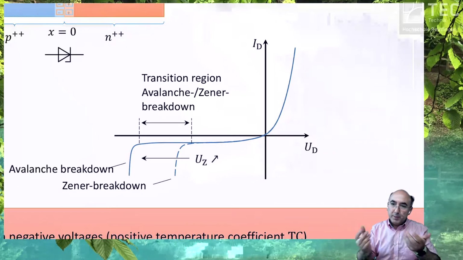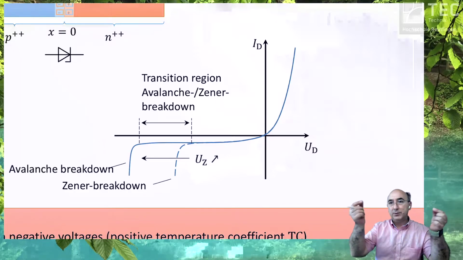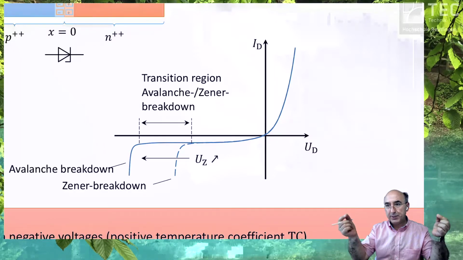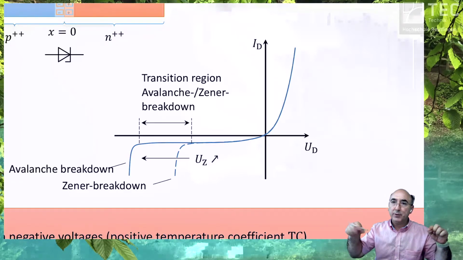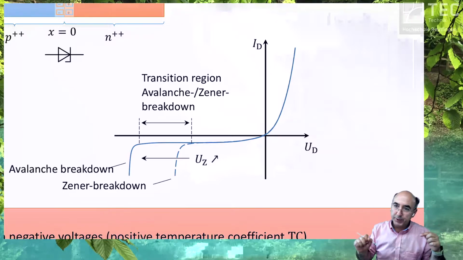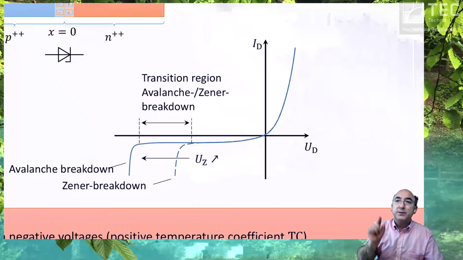And what happens? The bonds are broken, the electrons and holes accelerate and make an avalanche and knock out additional electron-hole pairs. This avalanche breakdown requires a certain electric field.